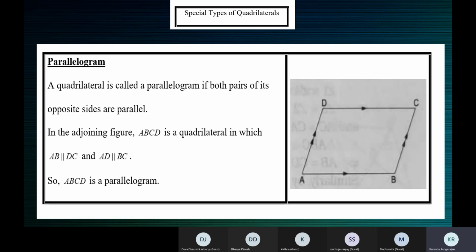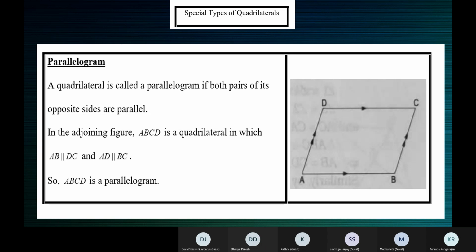Diagonal AC cuts the diagonal BD into two equal halves. So they bisect each other. But the angle between the diagonals is not a right angle. We'll understand these properties when we take up numerical situations. So these are the properties of a parallelogram.